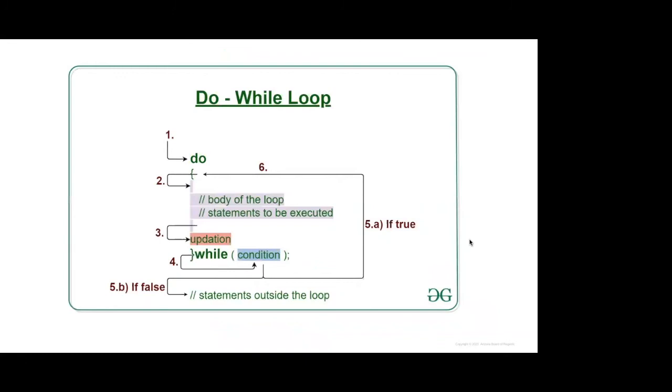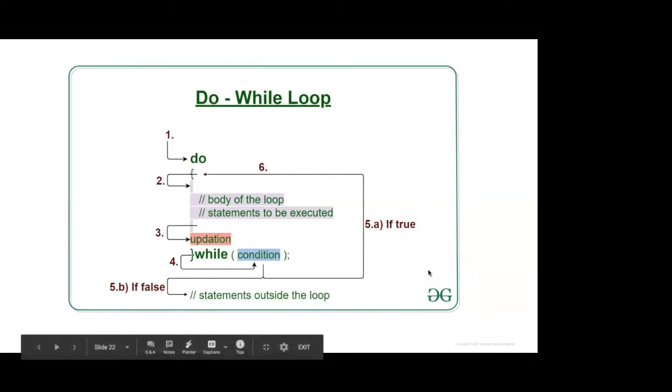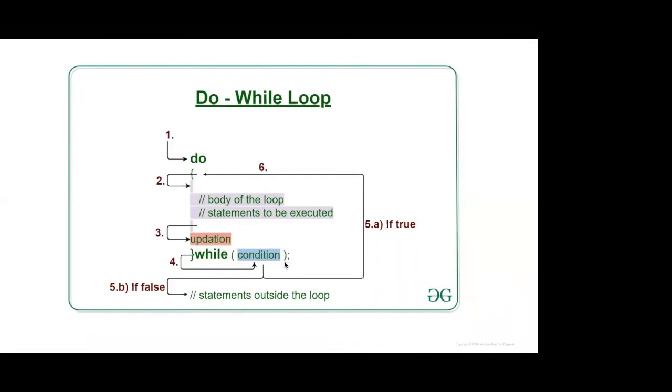The third type of loop is the do while loop. We also call it the do loop. The do loop is a special loop that will execute the code first, then check the condition. So it's not like the while loop or the for loop.